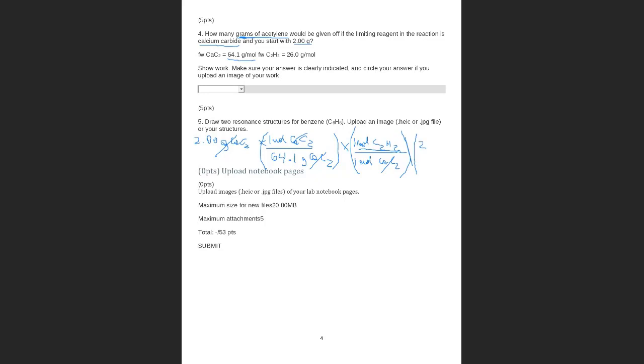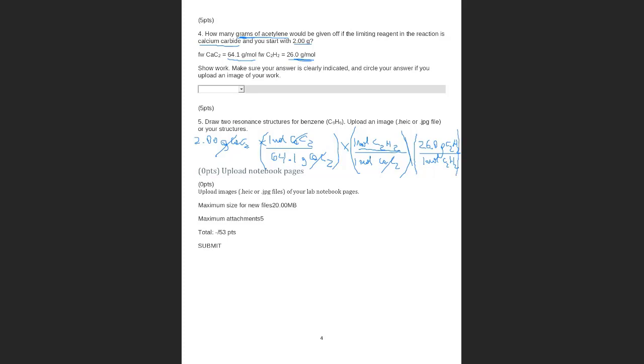I know that 26.0 grams of acetylene equals 1 mole of acetylene. This is the molar mass that is given here.